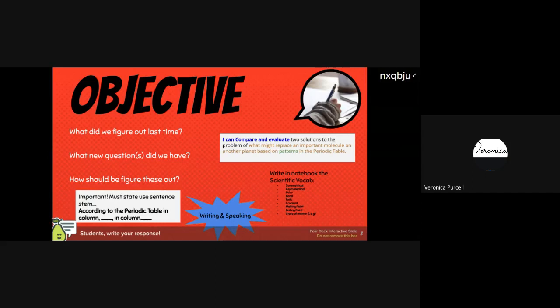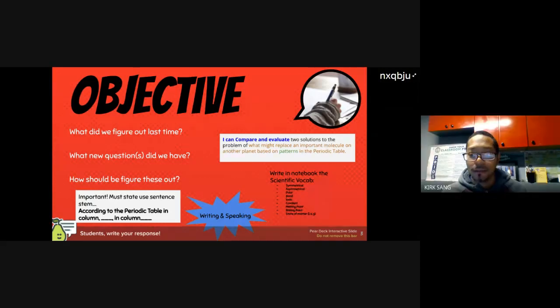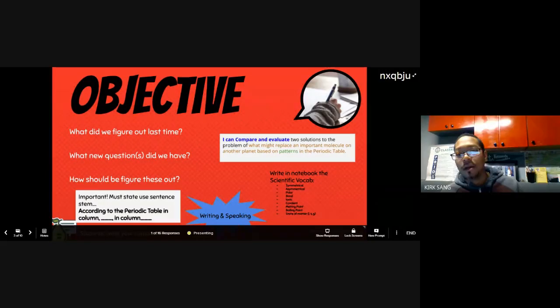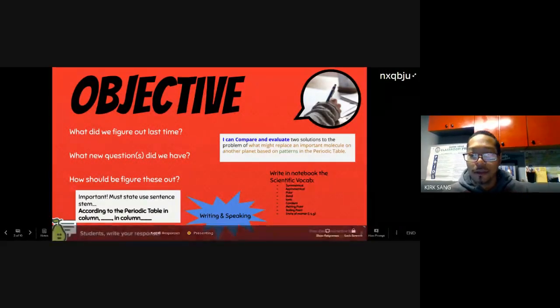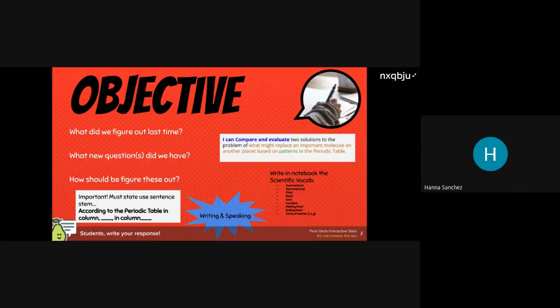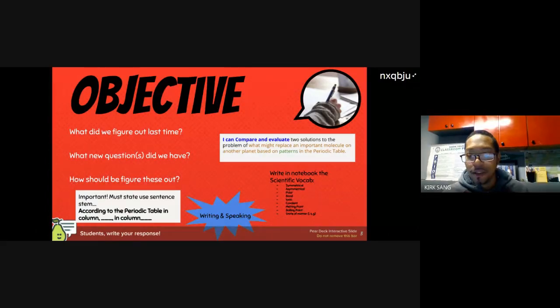Hannah, the term you're writing down in your notebook. Your term from your vocab list. Covalent. Thank you so much.